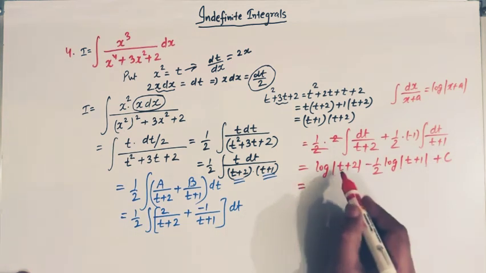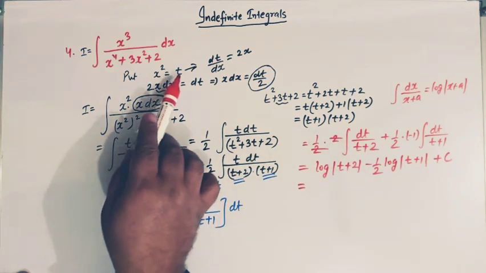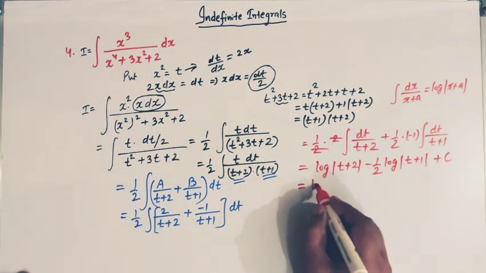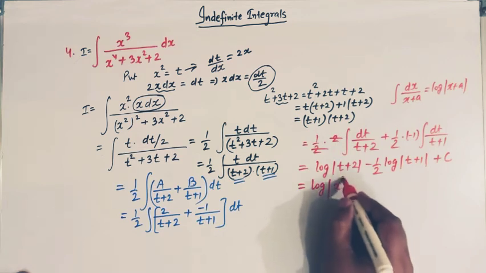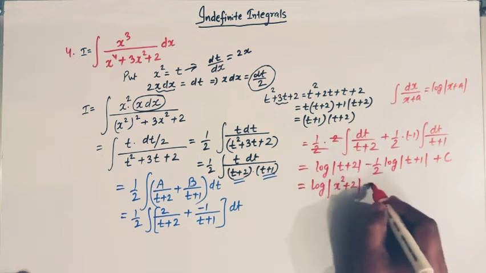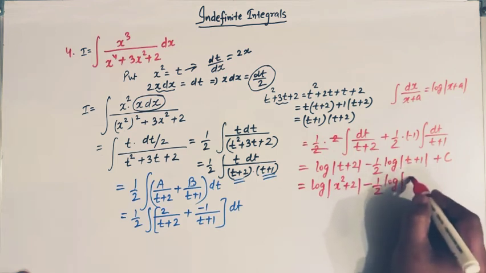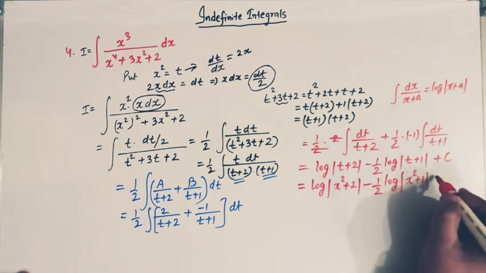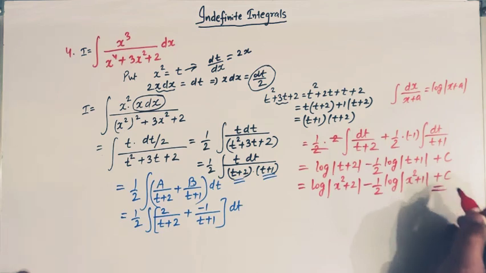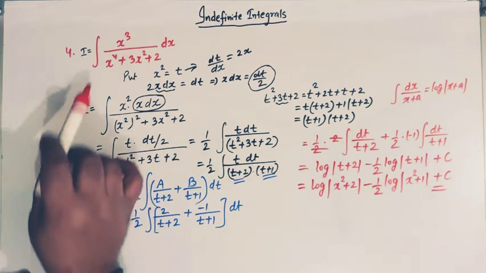Now substituting the value of t as x square, so we have here log of x square plus 2 and minus half log of x square plus 1 plus c. So this is the required integral of this function.